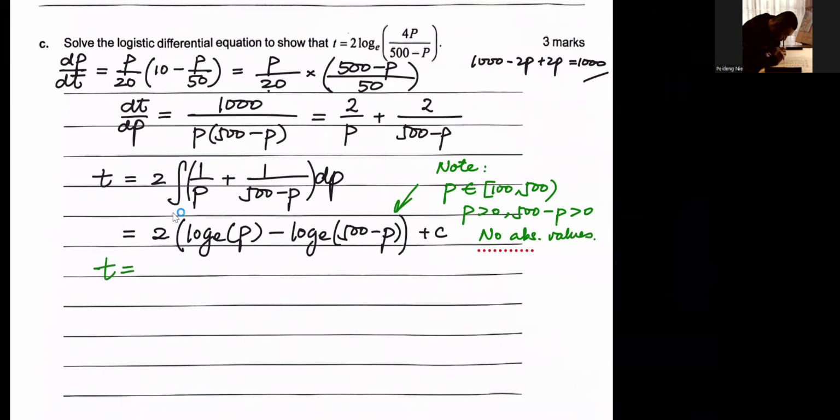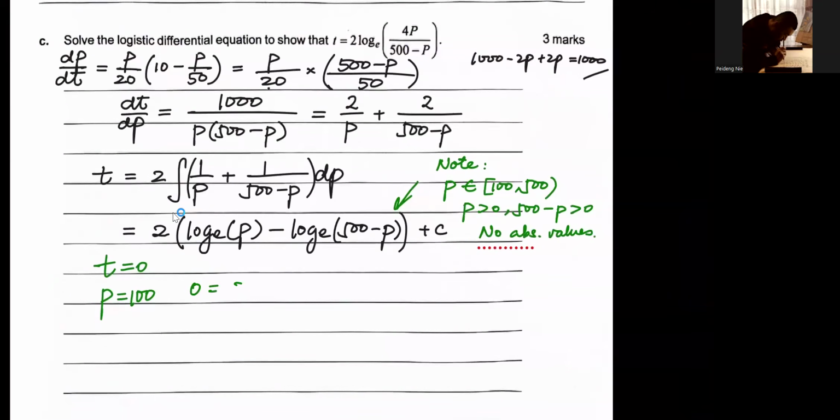And then we check in the initial condition. t is 0, P is 100. 0 equals 2 log e of 100 divided by (500 minus 100), 400. Subtracting logs means dividing the argument. So you should have 0 equals 2 log e of a quarter, plus C.